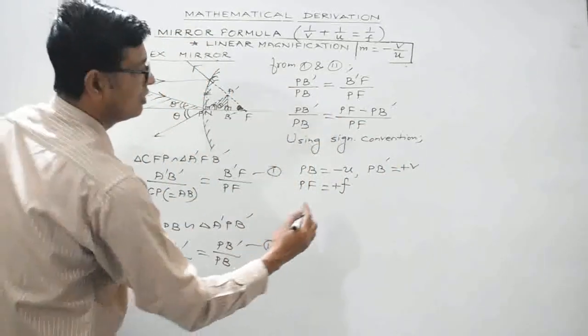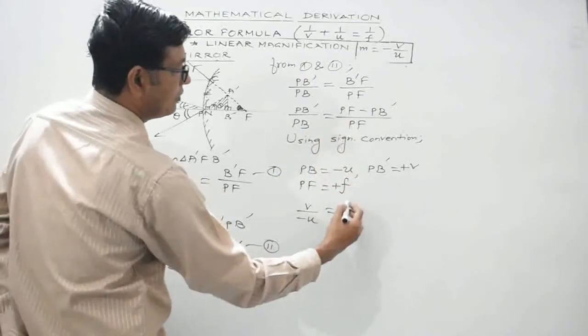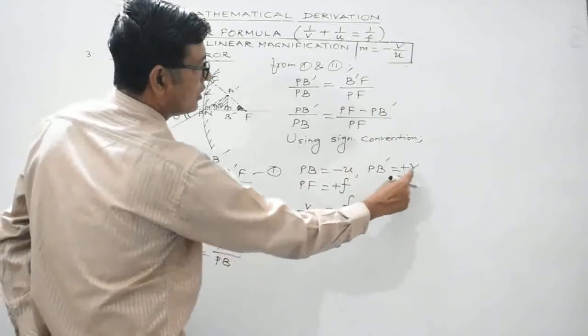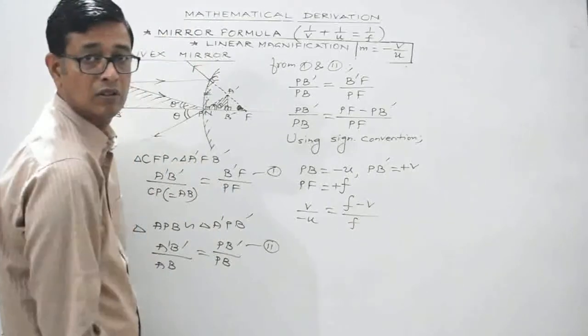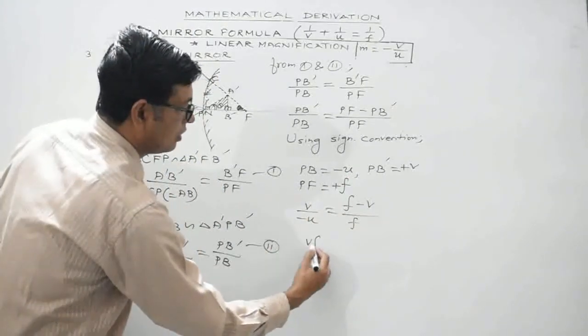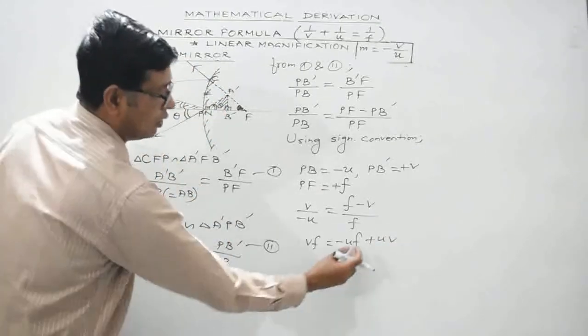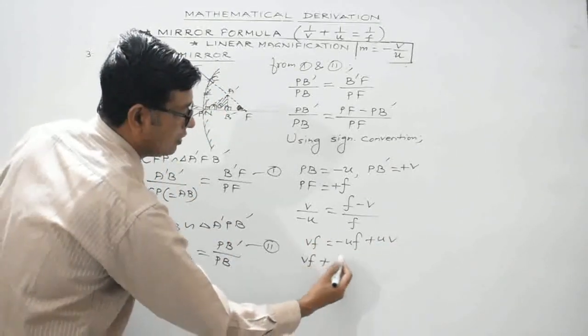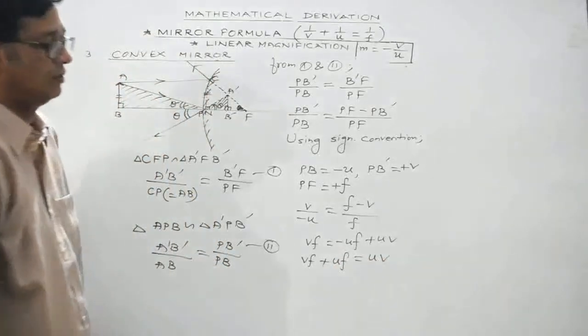Substitute these values over here. So what do you get? V over PB is minus U. It's equal to PF, it's plus F. PB', it's plus V. PF again F. Let's cross multiply it. So we will get this term. So we can rewrite the above equation like this.